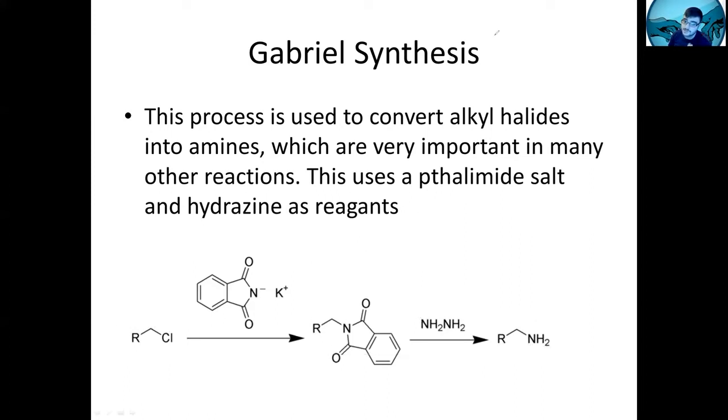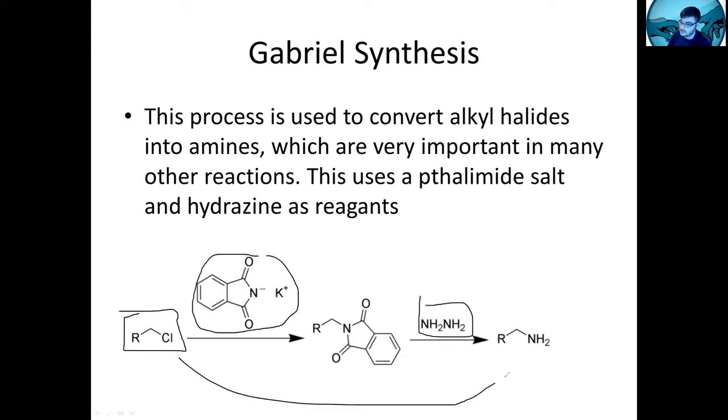Not much to talk about with Gabriel synthesis. Just remember essentially what you can do by putting in these two things. You can turn this into this. Very simple. And if this was an organic chemistry class, it'll be written as this. Essentially, it'll be just something like this. It'll have this thing. I'll just put it over here because I don't want to draw it.